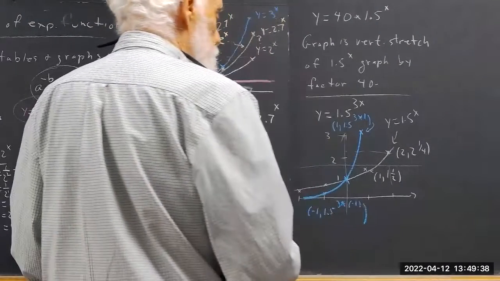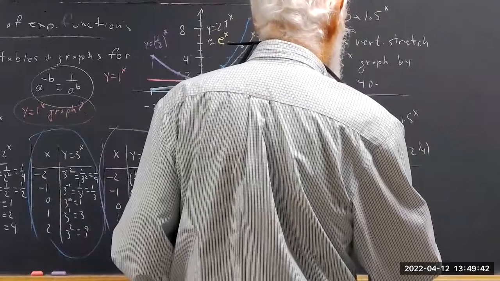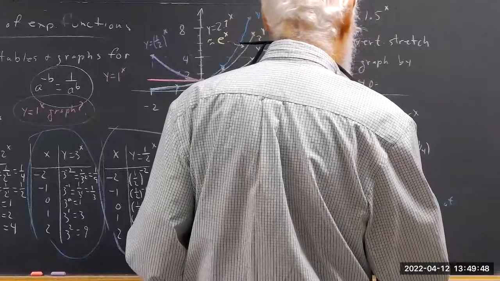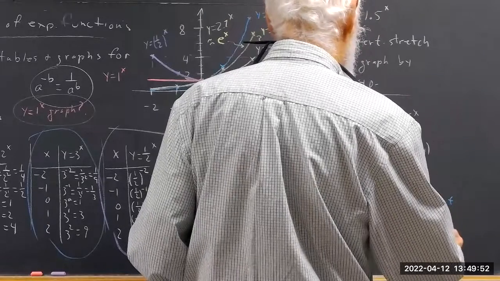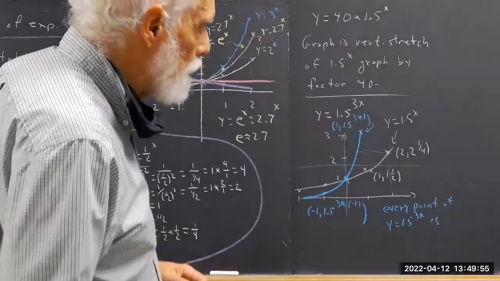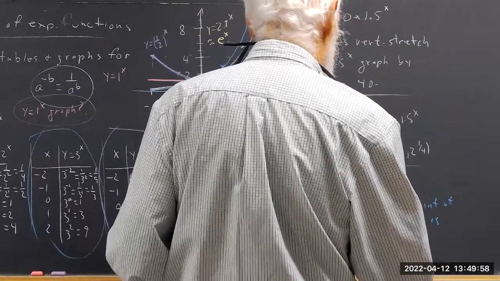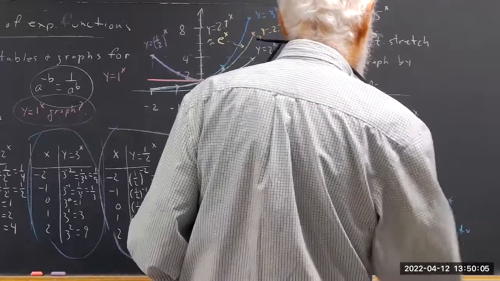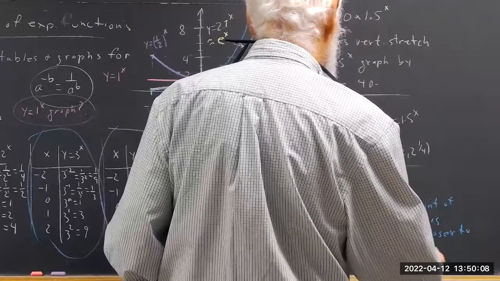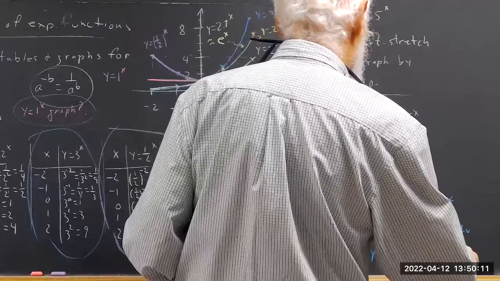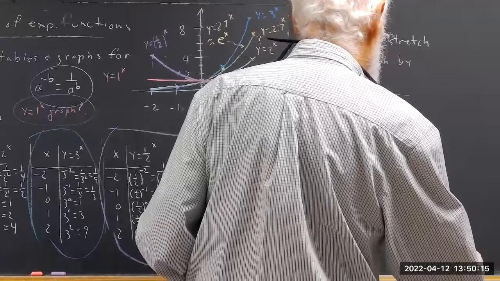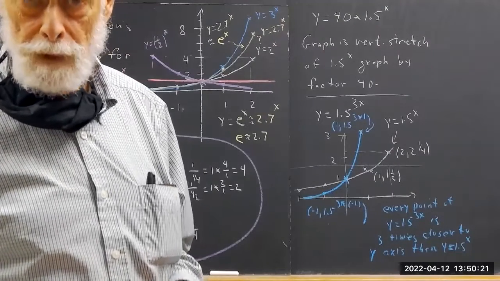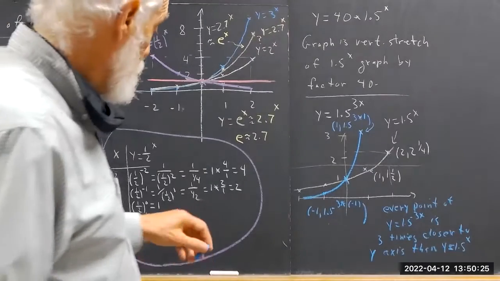So every point of y equals 1.5 to the 3x is 3 times closer to the y-axis than the corresponding point of y equals 1.5 to the x. Now that's an important property.